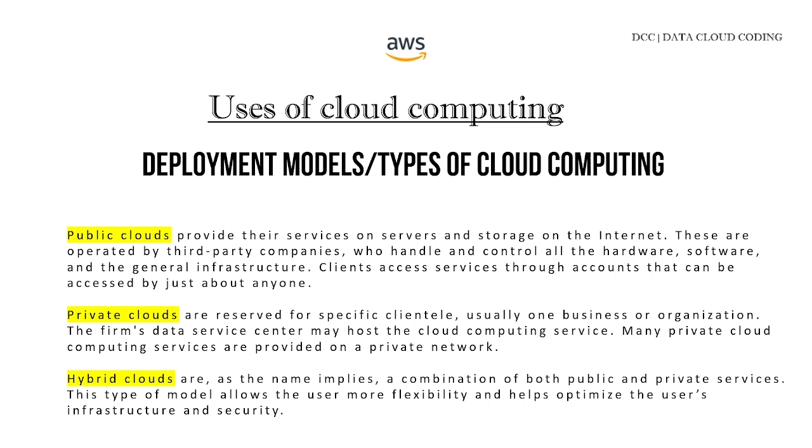We have already discussed public clouds. They provide services on servers and storage over the internet. Private clouds are reserved for a specific clientele, usually a particular business or organization. Hybrid clouds, as the name implies, are a combination of both public and private services. This model allows the user more flexibility and helps optimize the user's infrastructure and security.